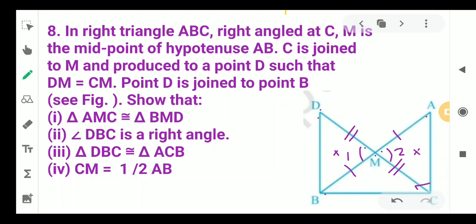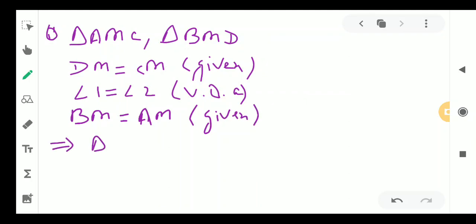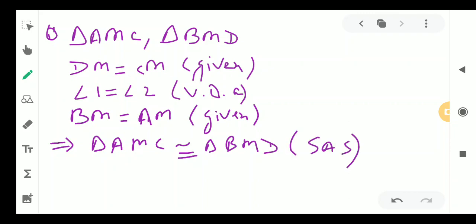Then BM equals AM. It is also given. So this implies triangle AMC is congruent to triangle BMD by criteria side, angle, side.